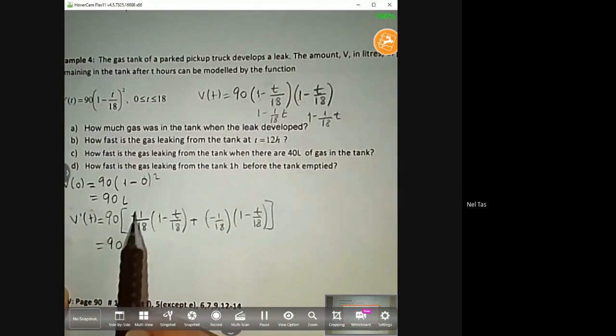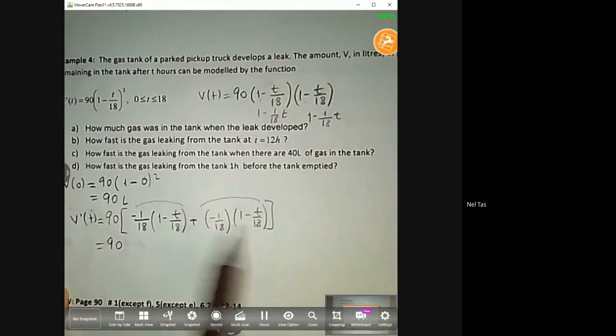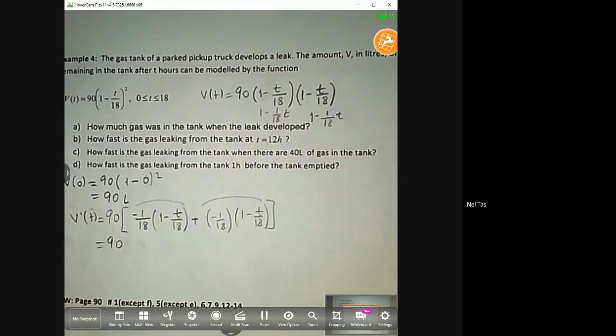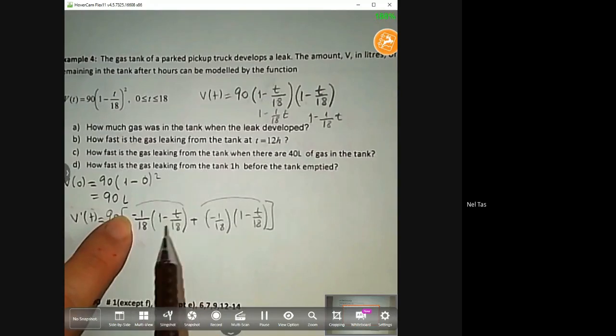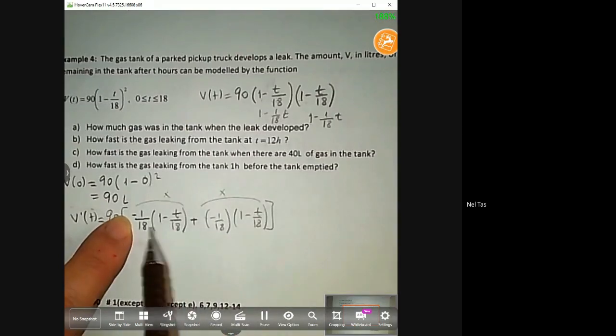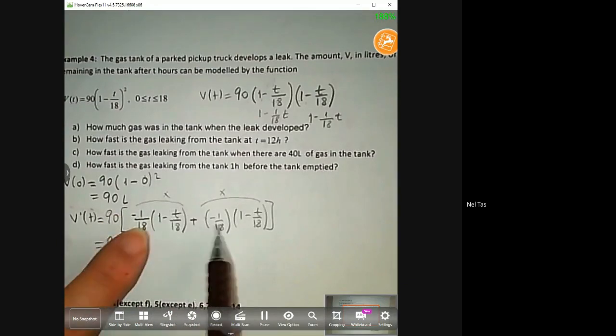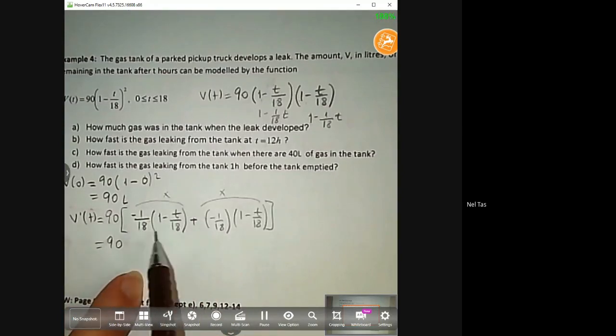Now as you see, we have two terms here, term 1 and term 2, and they are both the same. You can say that it is 2 times this whole thing. If this was x and that was x, then x plus x equals 2x. In this case, you don't have an x, but you have this expression here. So when you collect these two, you get 2 times negative 1/18 times (1 - t/18).